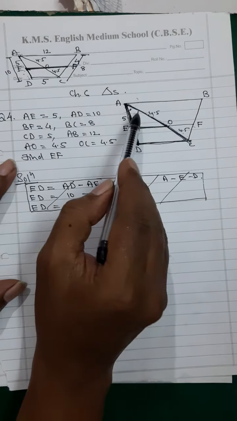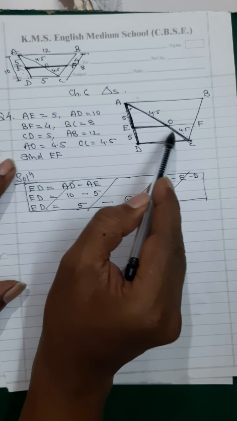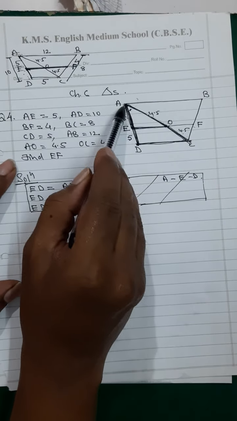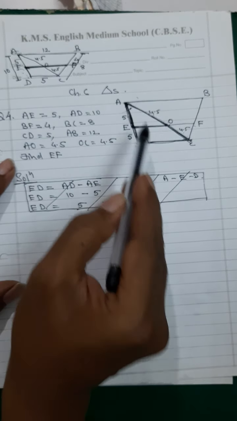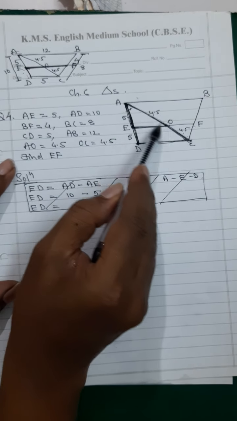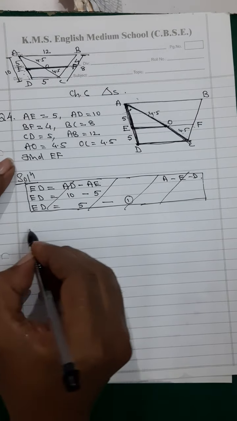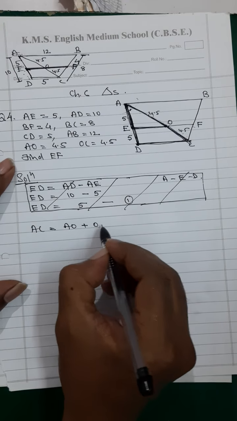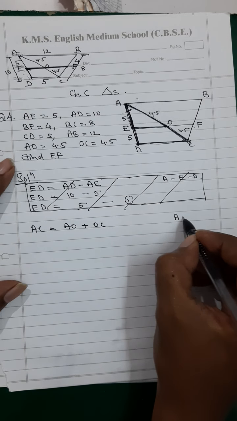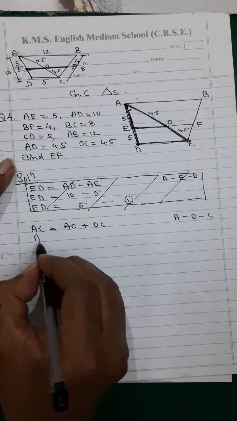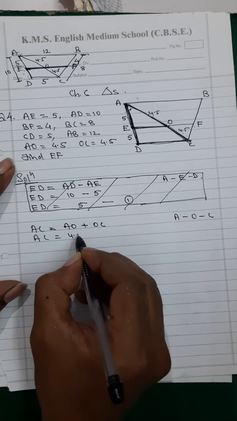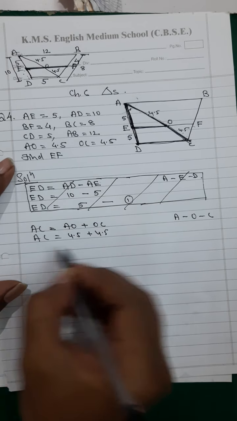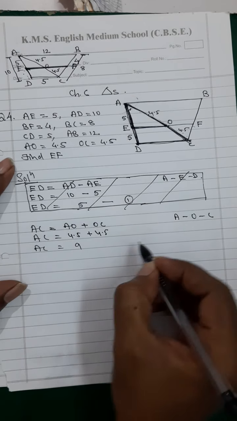So what I will require, AO I have got, OC I have got. I don't want OC, AO upon AC I want. So AC is equal to AO plus OC because A-O-C. So you will get AC is equal to 4.5 plus 4.5, so AC is equal to 9.